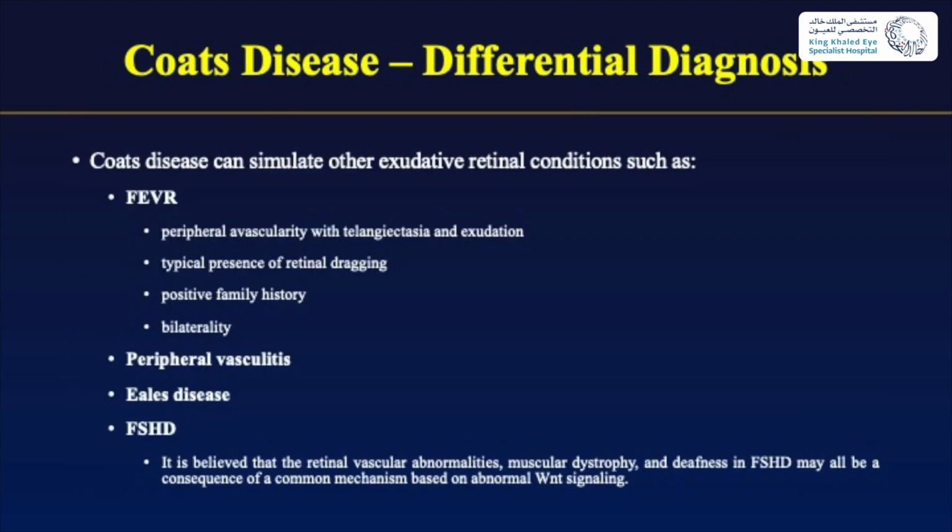Coats disease can simulate other exudative retinal conditions such as FEVR, but in FEVR there will be retinal dragging, unlike Coats disease, positive family history, and bilateral presentation when compared to Coats disease. Other conditions that can mimic Coats disease are peripheral vasculitis, Eales disease, and facioscapulohumeral muscular dystrophy.